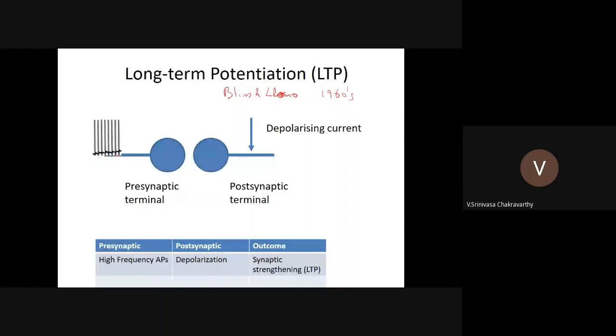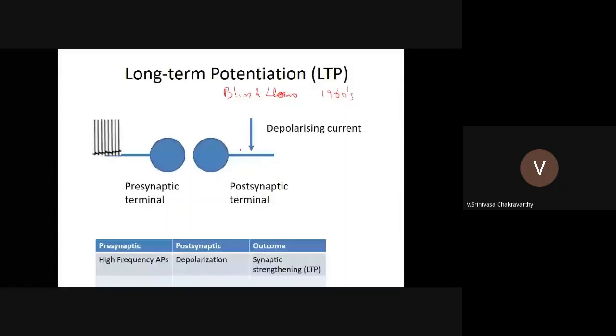And on the postsynaptic side, activation means depolarizing, because when you give a strong input to the presynaptic terminal, it releases neurotransmitter and activates the postsynaptic side, and if it is an excitatory synapse, it will increase the local voltage. So that is equivalent to injecting positive current into the postsynaptic membrane and depolarizing that membrane.